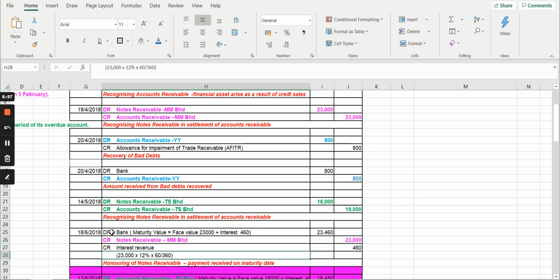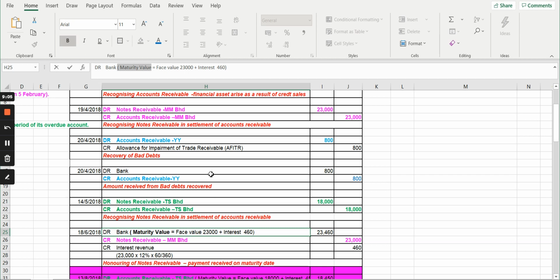What you will record is that the payment should be at the maturity value, which is the face value of the note, or the principal value, plus the interest.